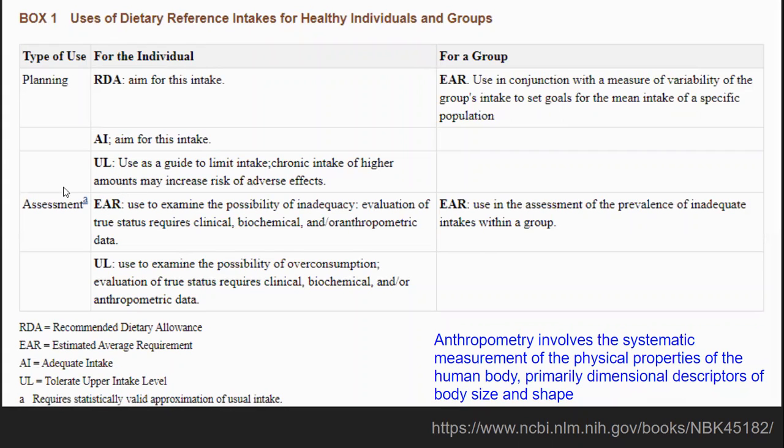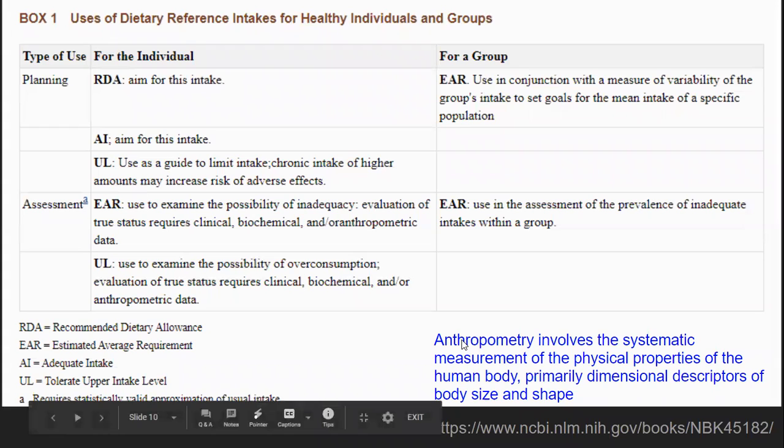The EAR is used for assessment to examine whether there's inadequacy, whether you're not taking enough, but then you also need an evaluation of true status. Whether the person would also require a clinical biochemical status check, something like blood or urine tests, or anthropometric data.